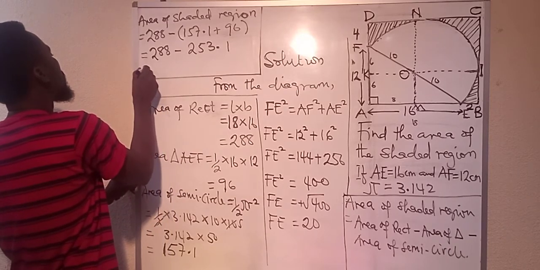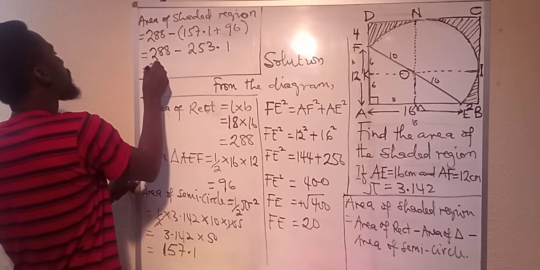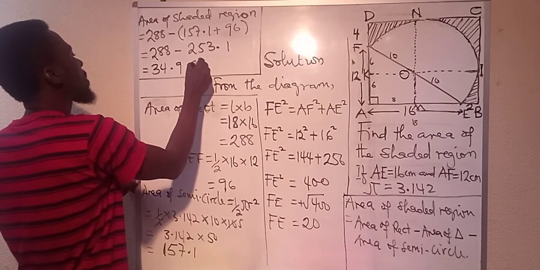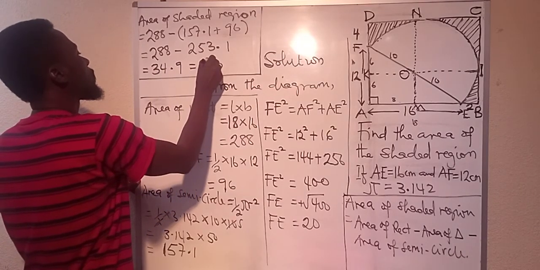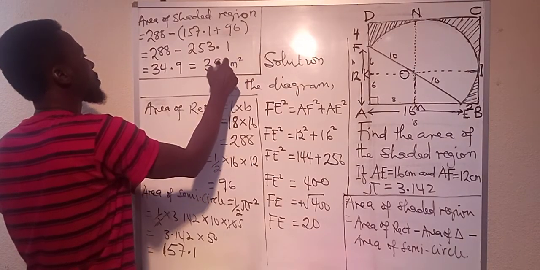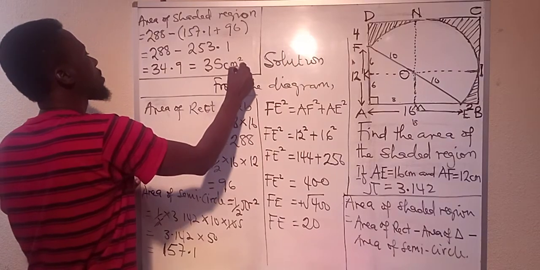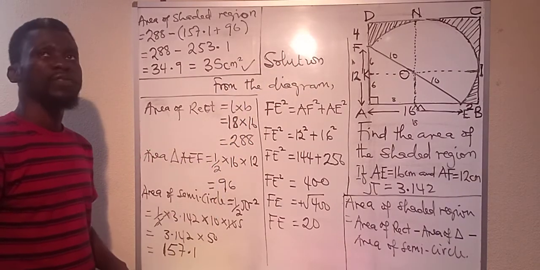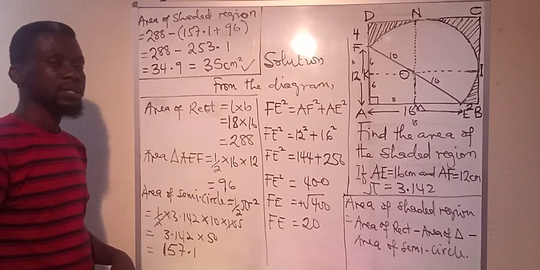So that will be equal to 34.9, and 34.9 is approximately 35 square centimeters. All right. So this is the answer to the area of the shaded region from this diagram.